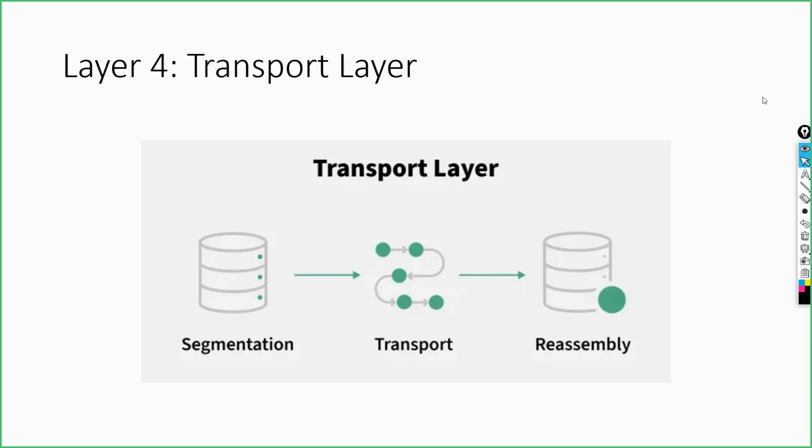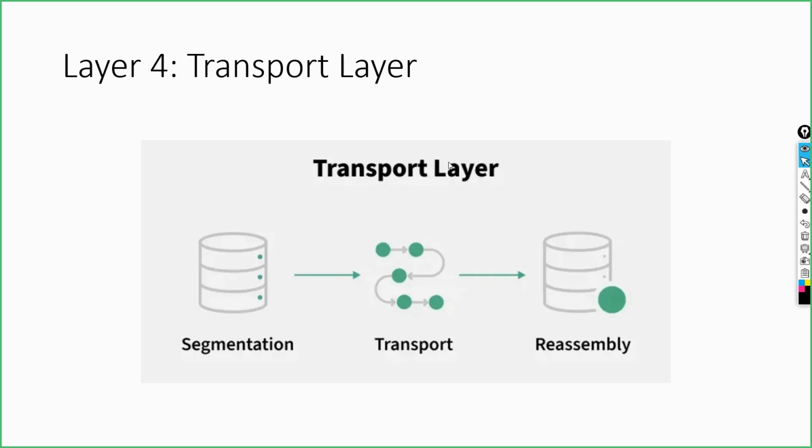Let's understand this one by one. The transport layer provides services to the upper layer, which is the application layer, which we are going to discuss in the coming time. It takes the services from the network layer and gives them to the upper layer.